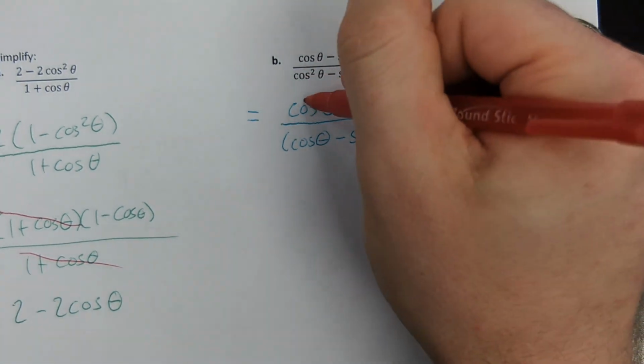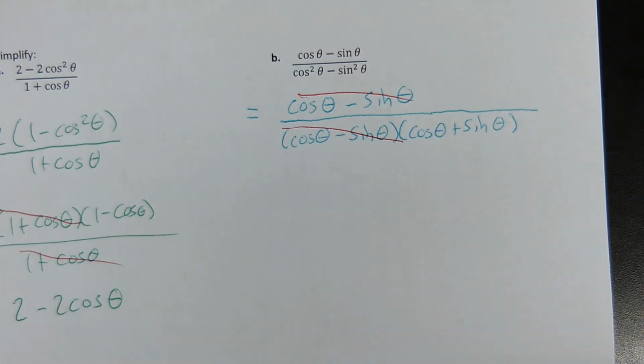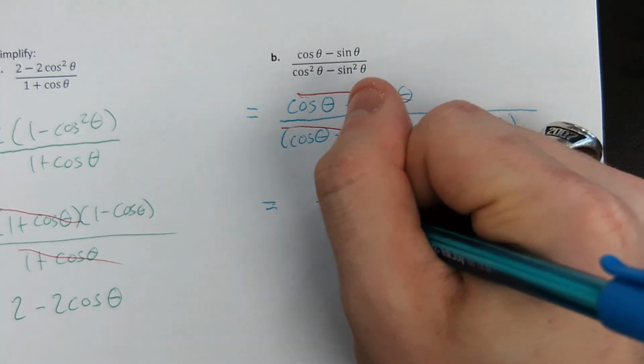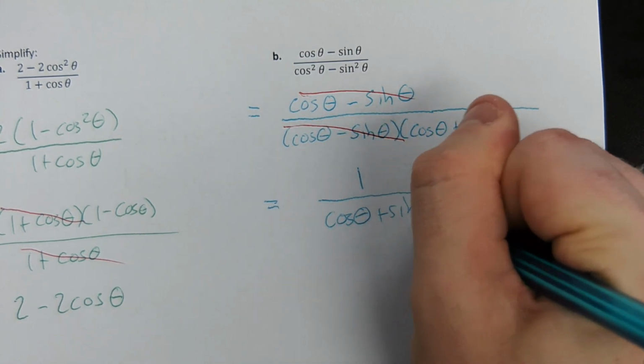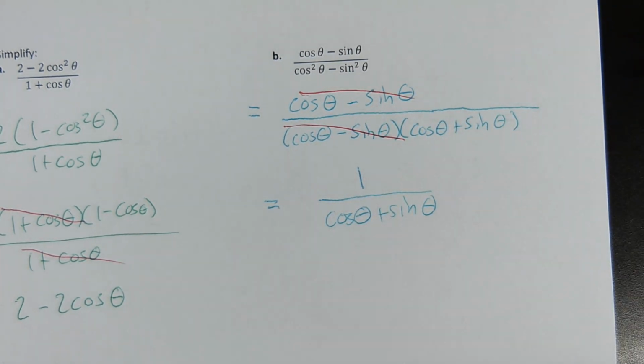And cross off the top and bottom like that. You're left with 1 over cosine theta plus sine theta. And that is it, folks.